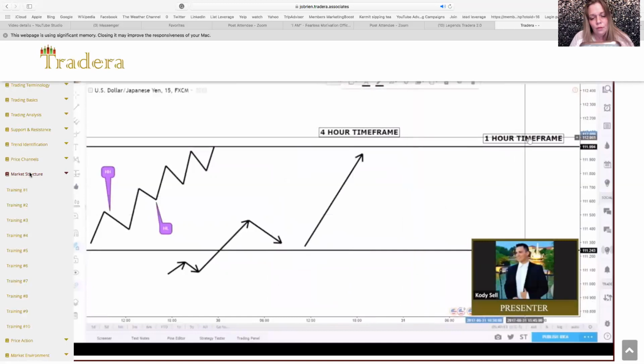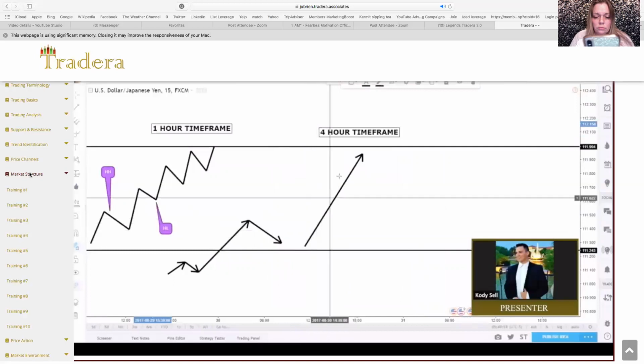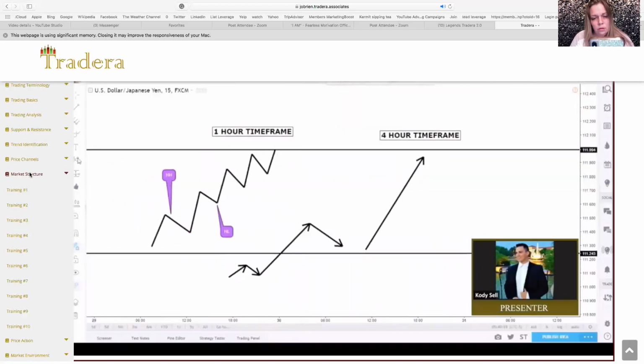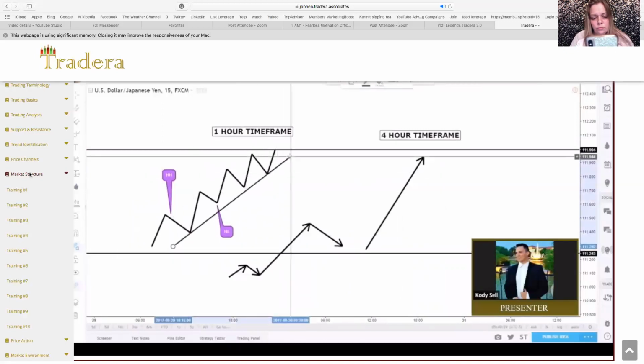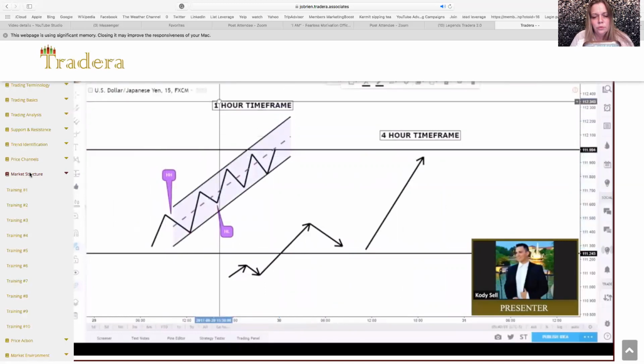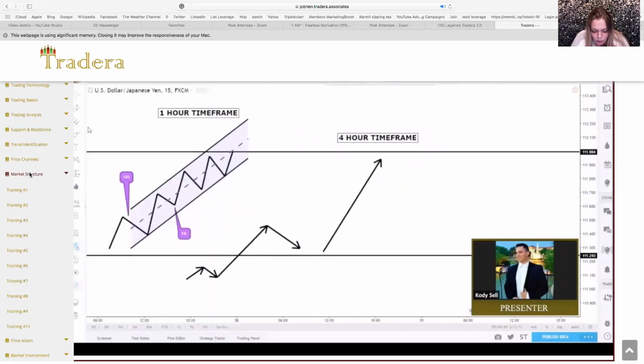Now, in order for price to be rising on the 4-hour time frame, price must be in bullish structure on the 1-hour time frame. There is no other way that price would be rising on the 4-hour time frame. It's impossible.